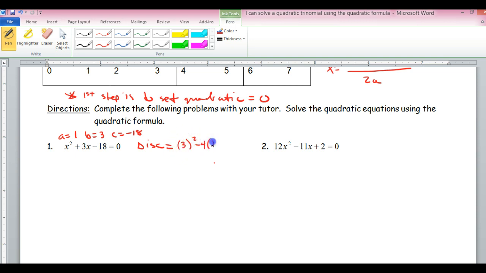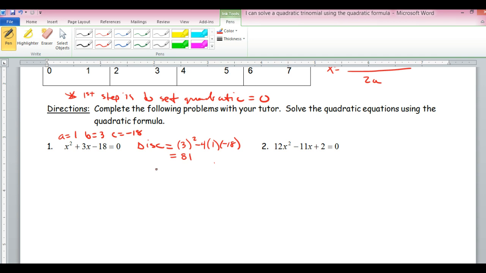Minus 4 times 1 times, not 3, but negative 18. Once I evaluate this, putting it in the calculator exactly the way I see it, I get a value of 81.